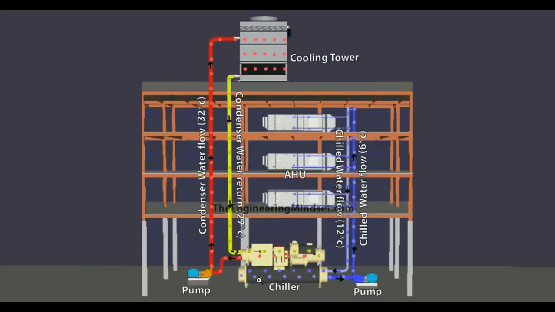So in the chiller, the chilled water which is produced in the evaporator is leaving, you can see here, at about 6 degrees Celsius. This centrifugal pump is then pushing that water around the building, where it enters these AHUs that collect up all the unwanted heat within the building.